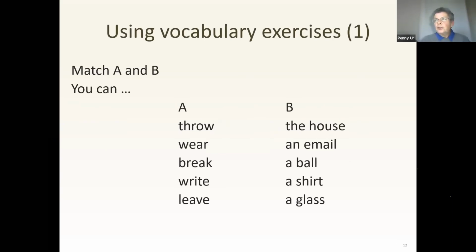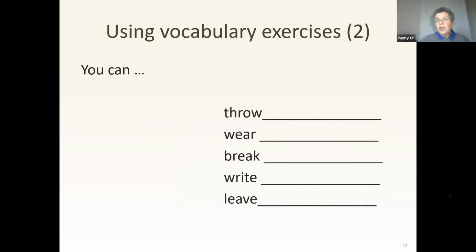So let's have a look at a very simple kind of matching exercise. Match A and B: you can throw a ball, you can wear a shirt, you can break a glass and so on. That's just an ordinary vocabulary exercise, but we can make it into an oral fluency exercise while still practicing the vocabulary by simply deleting one of the columns.